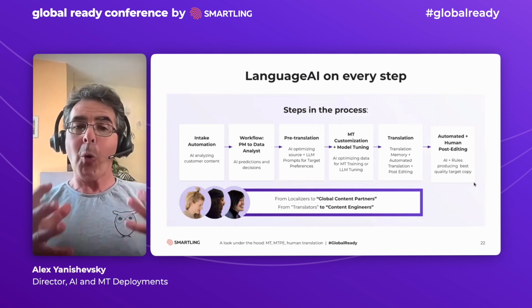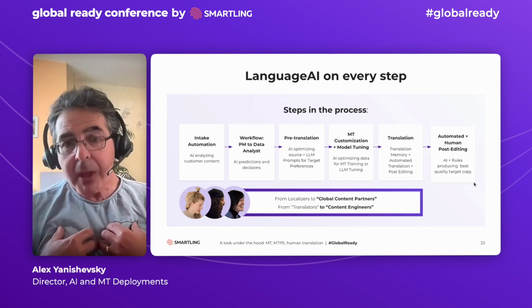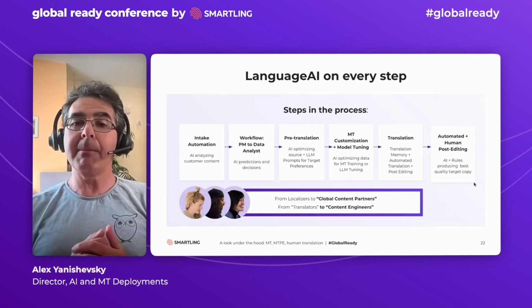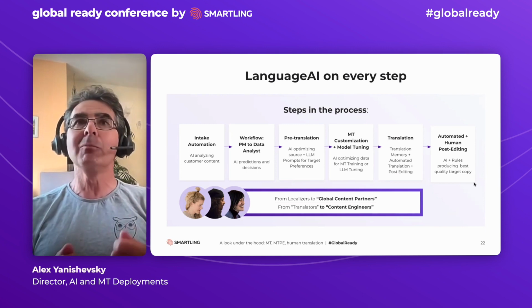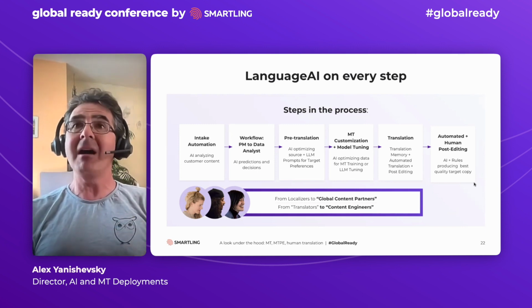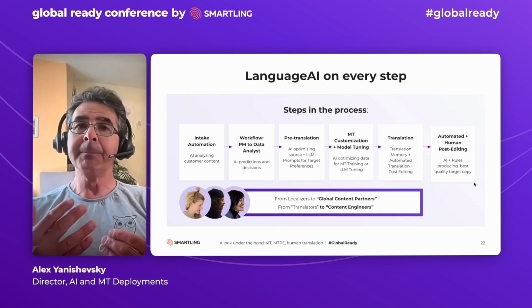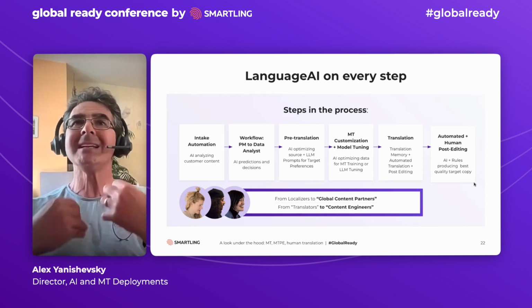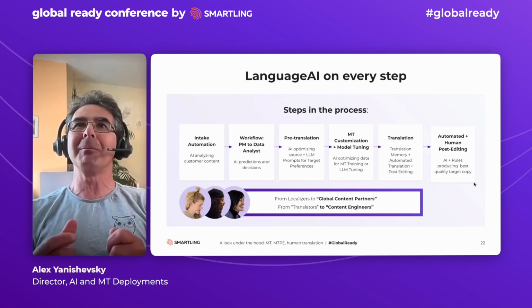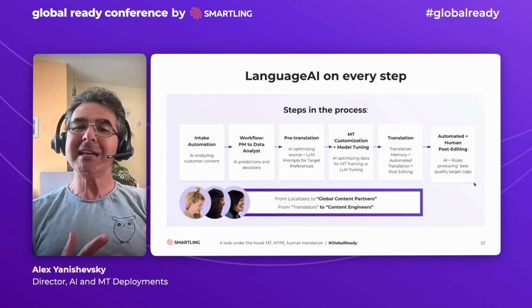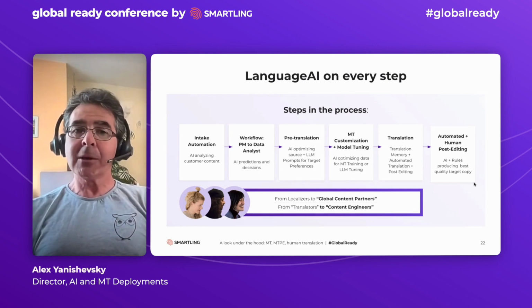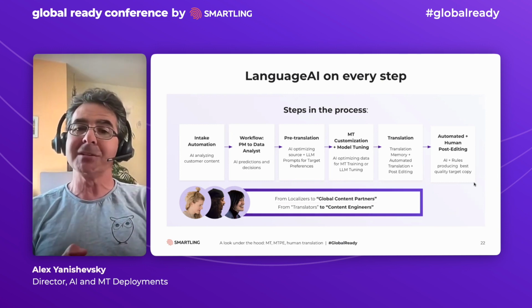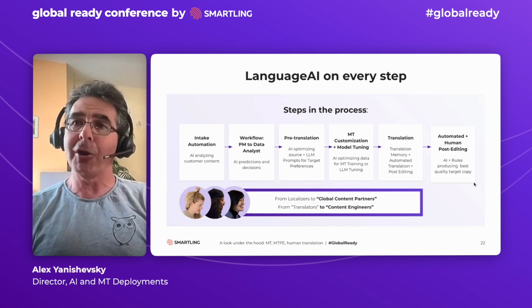Ultimately, what we believe is going to happen is translators who are already becoming post editors will have an even more exciting job, which is they'll become content engineers. They'll be interfacing more and more with these language models. It's a very rewarding task to actually see a language model, basically program it in human language to give you the output that you want. So we see translators becoming more and more content engineers, and we see localizers becoming more global content partners.